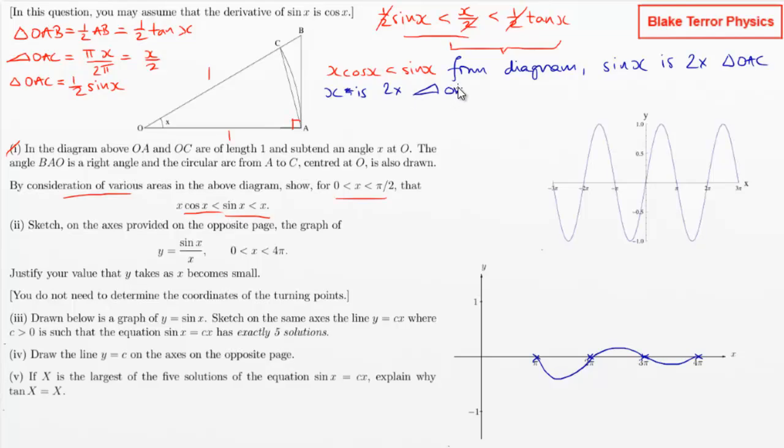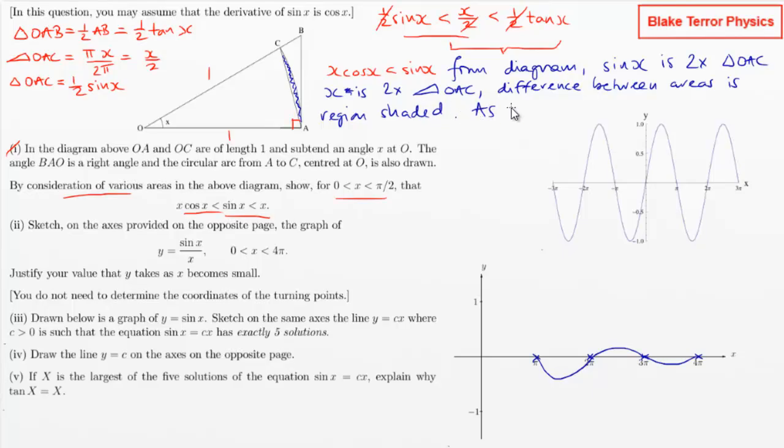Yes, the sector OAC. Right, so we know we're comparing these areas on the picture. So the difference between those two areas is, well, it's this little bit here. You could just color that bit in and say it's the shaded region. Okay, so that's telling us the difference.